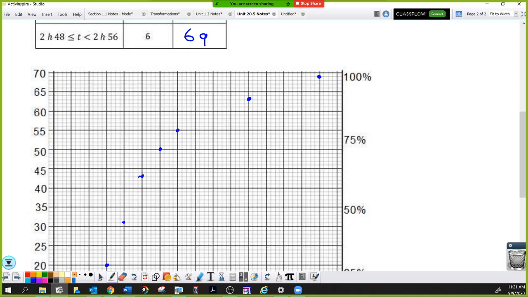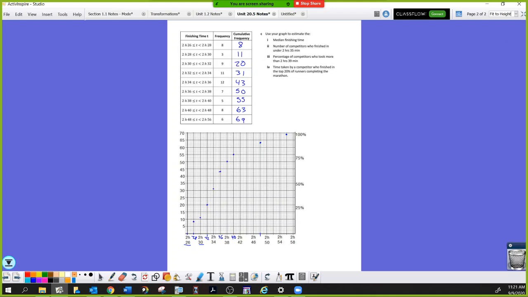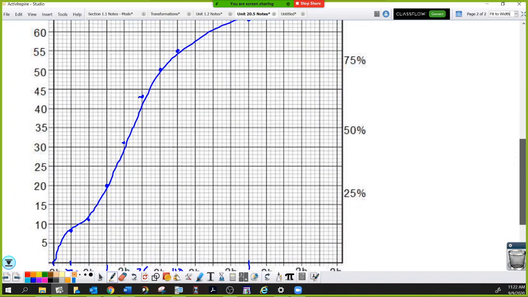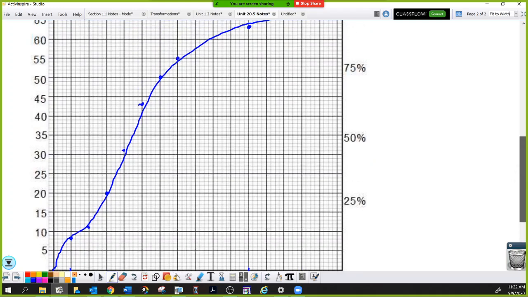If we connect the dots, and I had to do it like that to connect the dots, it looks like that. And cumulative frequency graphs will often look like S's. It's just what they do. They look like weird S's. It is what it is.